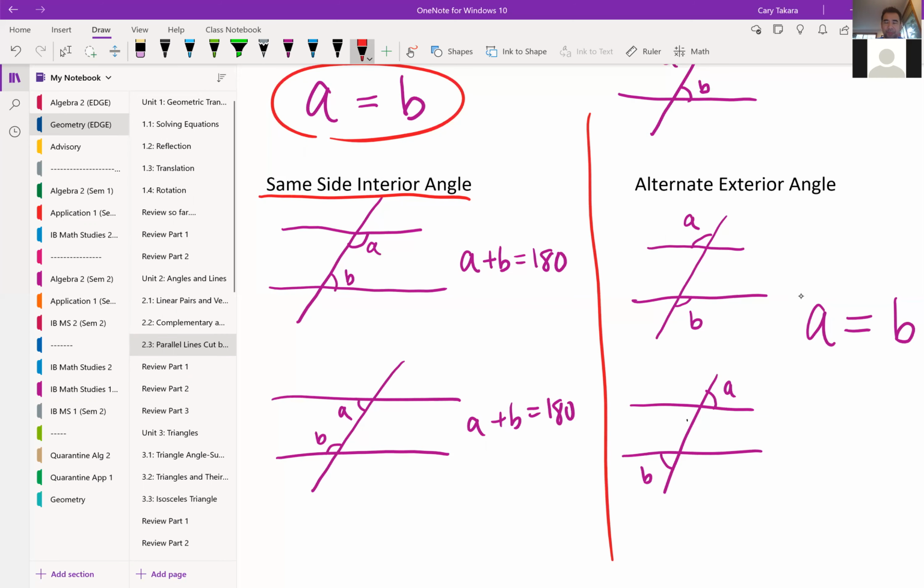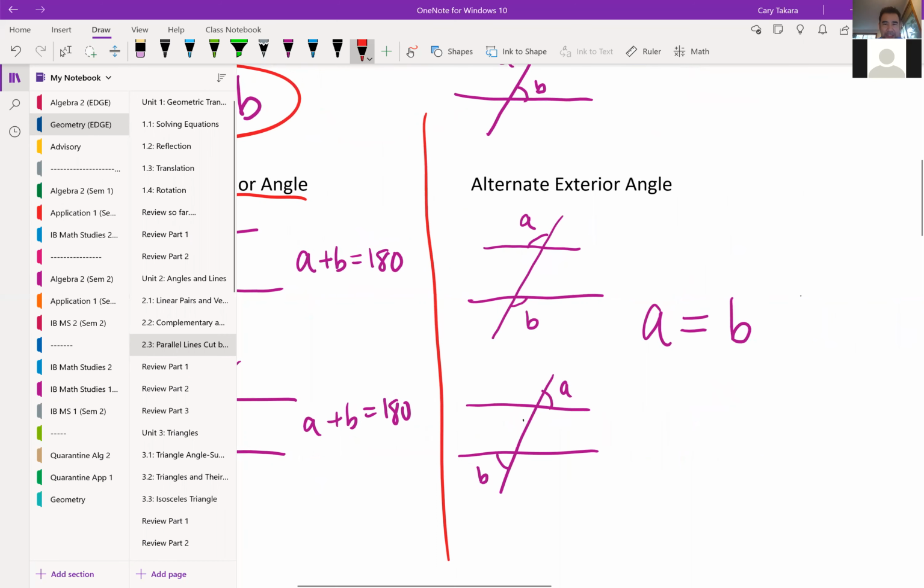Okay. And then the last but not least is called alternate exterior angles. Again, alternate means one is on the left side, one is on the right side of a transversal. And this is exterior. What does that mean? Exterior means outside of parallel lines. So like right here, you've got A outside of the parallel lines.